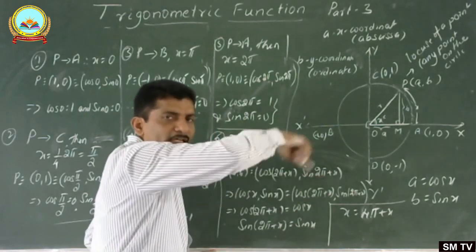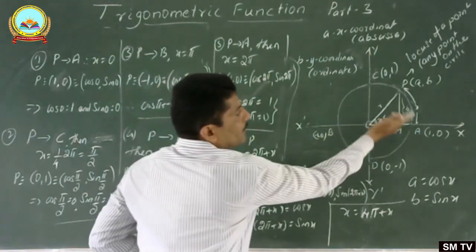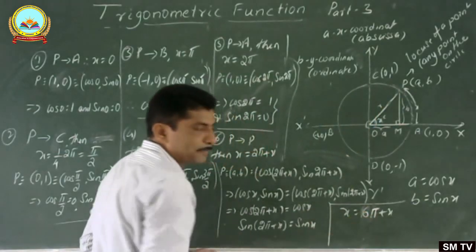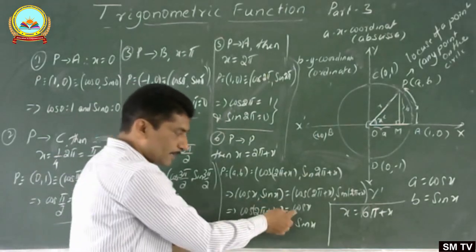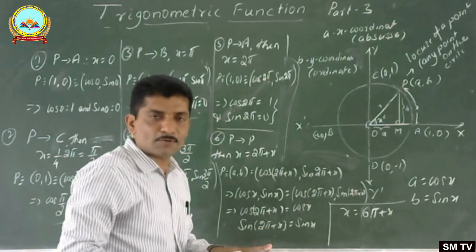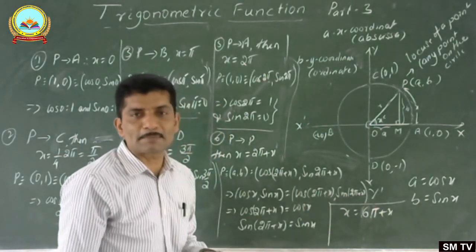The rotation is continued. After three complete revolutions, P comes back to the same position, and x is increasing to 6 pi plus x. Then the value is equal to cos x and sin x, the position is the same. After the fourth rotation, 8 pi plus x. Fifth rotation, 10 pi plus x.